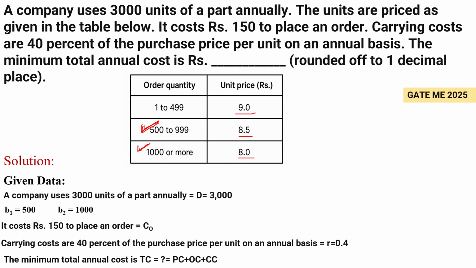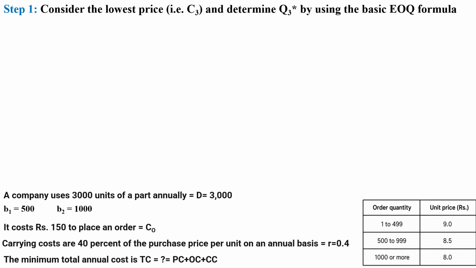So let's see the solution. Step 1 is to consider the lowest price C3 and determine the Q3 star by using the basic EOQ formula. So here the three prices are given: C1 is 9 rupees, C2 is 8.5, and C3 is 8 rupees. Among these three prices, C3 is the lowest price. So with respect to this unit price of 8 rupees, we have to determine the EOQ value.